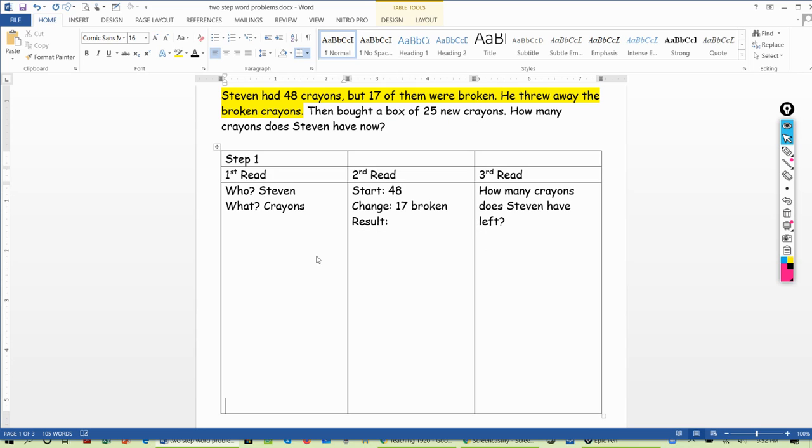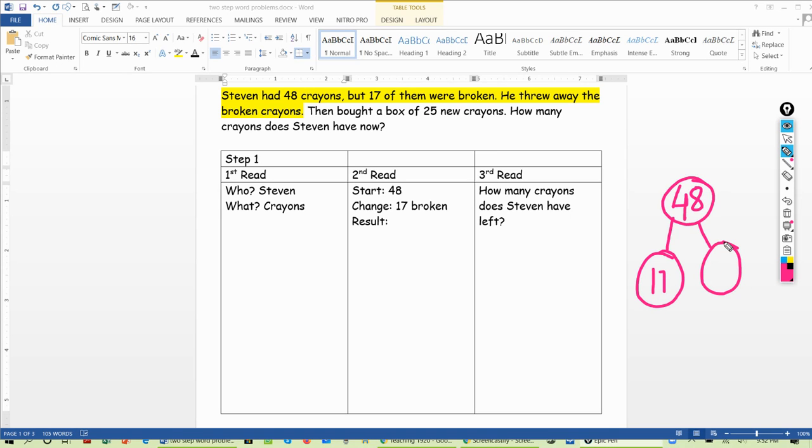So now you're going to go ahead and draw your math mountain, write the equation, and then we are going to solve the problem. Okay, so the math mountain is, he had 48 crayons and then 17 were broken. Now how many do you have left? So this is your math mountain, and go ahead and do your equation.